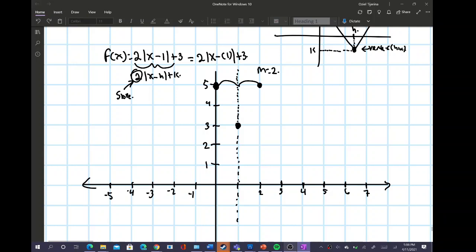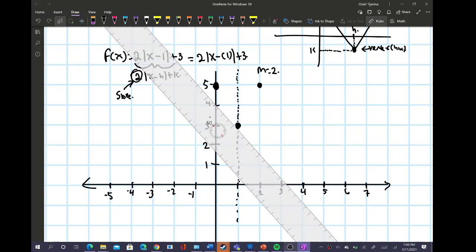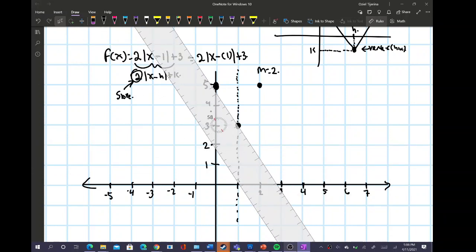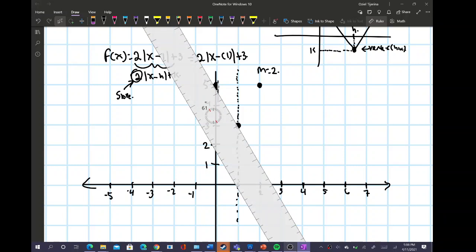Give me a second, guys. Okay, so now the last thing you're going to do is trace the 2 lines, make the V shape, right?